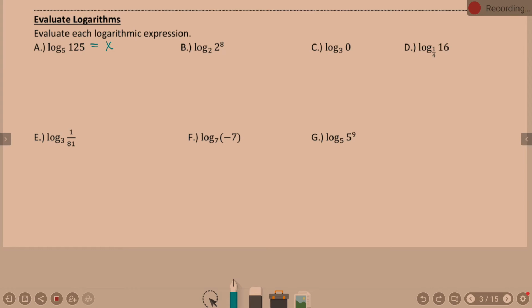5 raised to the x equals. Left, right, middle, yes? Anytime you see me write LRM, that's me saying think left, right, middle. So 5 raised to the x is 125. And now we have an exponential equation.